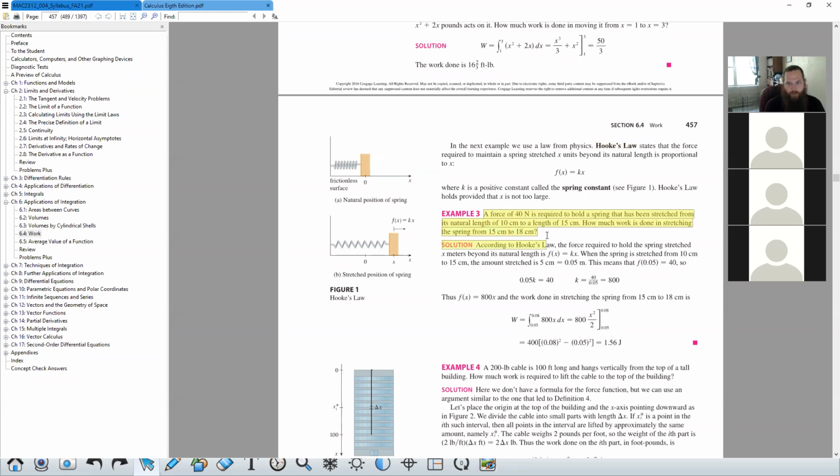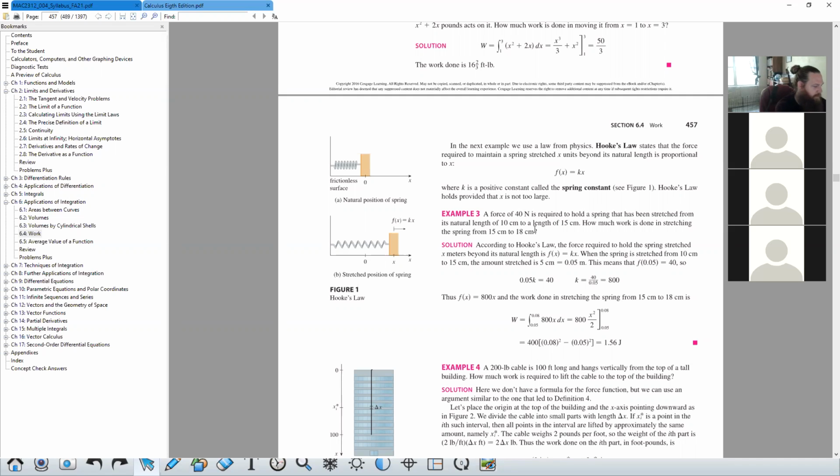So they say here a force of 40 newtons is required to hold a spring that's been stretched from its natural length of 10 centimeters to a length of 15 centimeters. How much work is done in stretching the spring from 15 to 18 centimeters? Let me write down the important stuff and then we'll work on it. A force of 40 newtons is required to hold a 10 cm spring out at 15 centimeters.